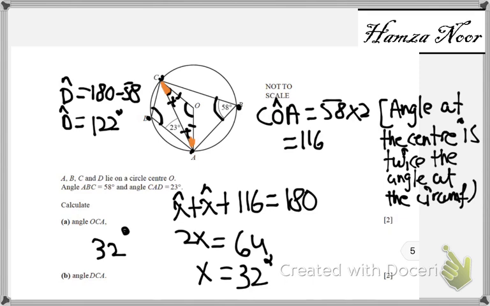You need to find angle DCA, this angle. So 122 plus DCA plus 23 will be equal to 180. Therefore angle DCA is equal to 180 minus 23 minus 122, which is 35 degrees.